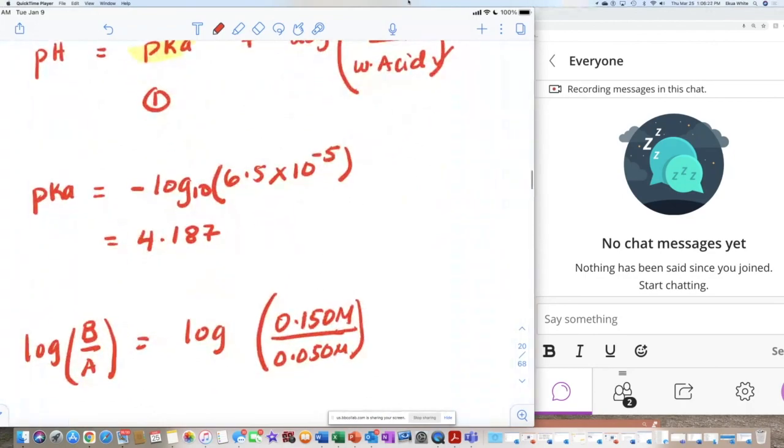So I'm going to put log, 0.150 divided by 0.05, close parentheses. Here I get 0.477.